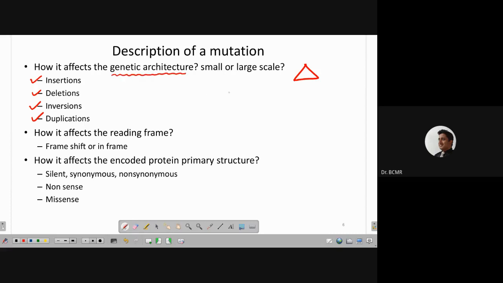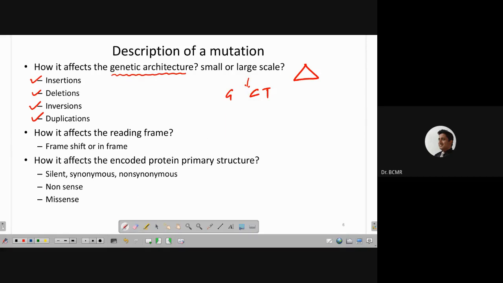If you had GACT, and a new base was included here, say T, that is insertion. Instead, if there was a deletion of A, then it is deletion.